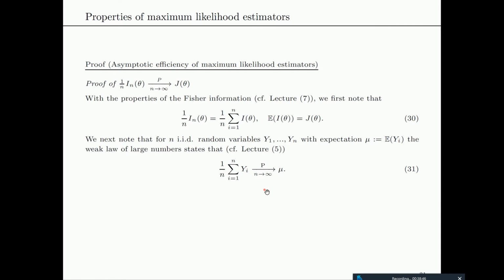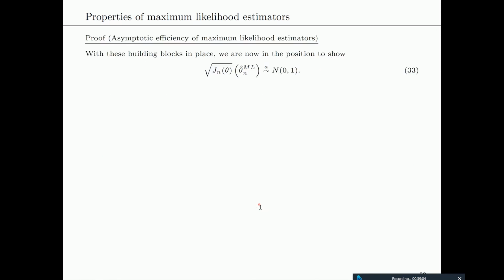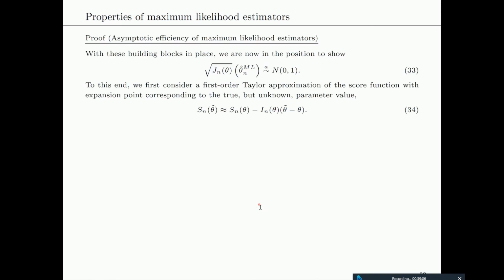If we apply the weak law of large numbers, which says the average converges to the expectation, in this setting, then we get that the average converges to the expectation in probability. So this is how these two things are established. Then we are finally in a position to show this, with our little minus theta in there.